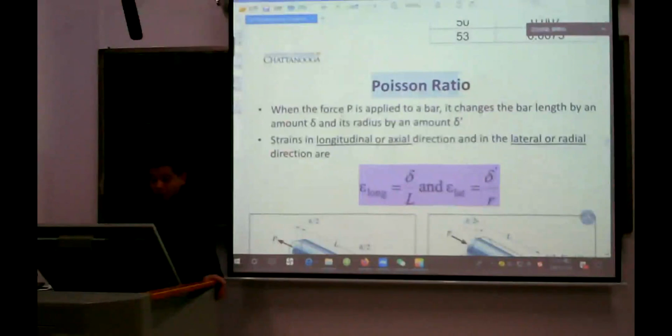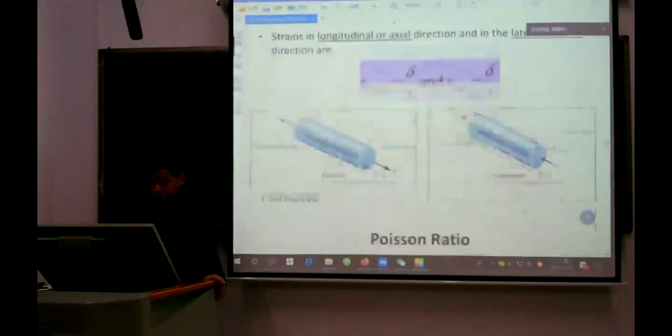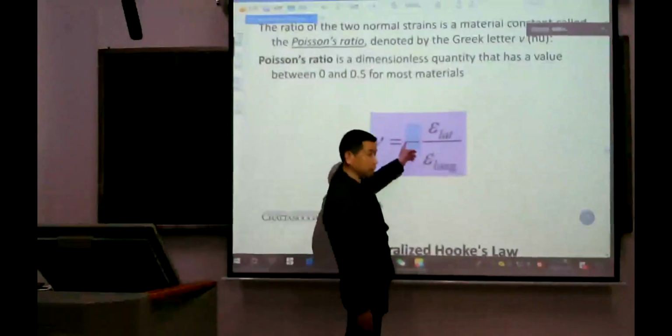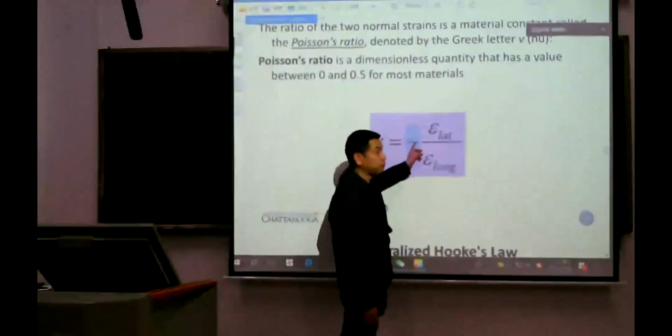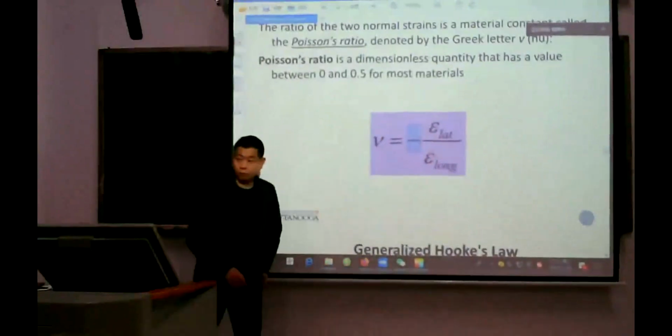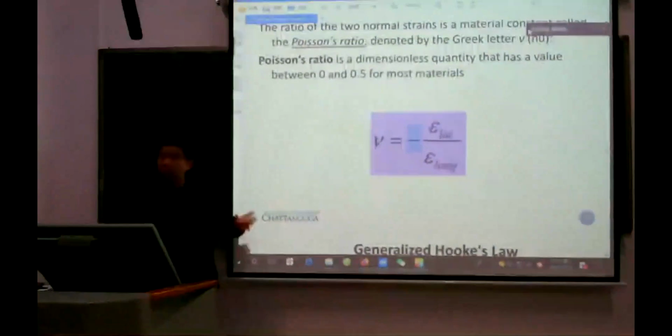Poisson ratio is the absolute value of the ratio. So we put a negative sign before it, so it will always be positive. It is a constant, a property of the material.